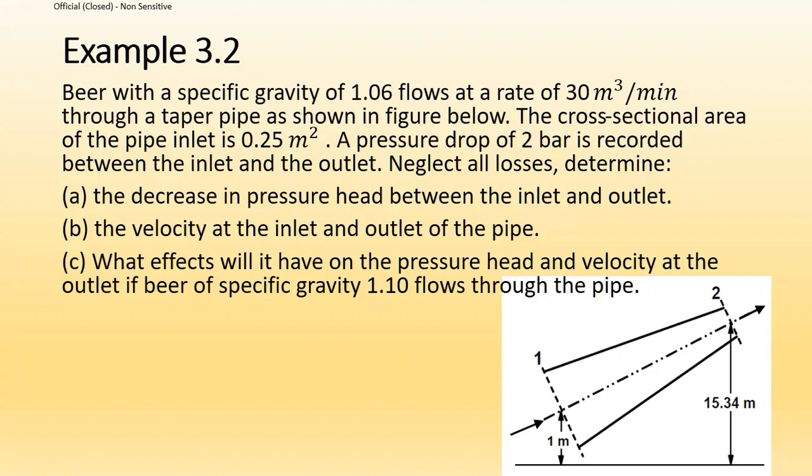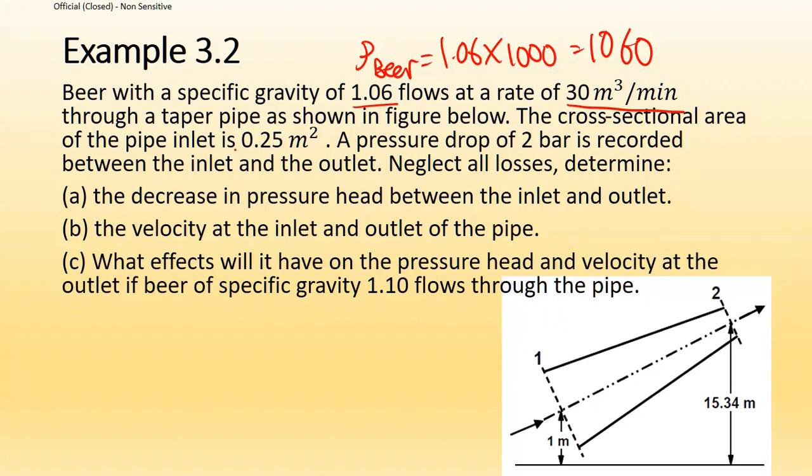So we have beer with specific gravity of 1.06. Take note, remember the concept of specific gravity. If the specific gravity is 1.06, that means the density of the beer is 1.06 times 1000, which is 1060. It flows at a rate of 30 meter cube per minute through the taper pipe as shown below.